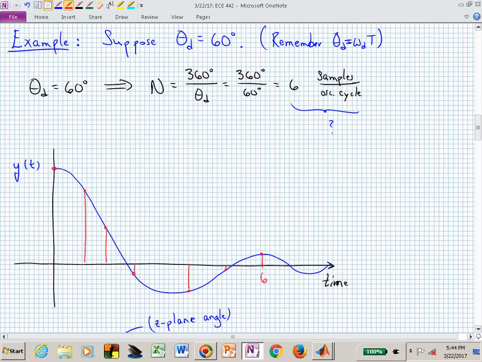That's different from our rule of thumb. Our rule of thumb was what? We were saying 30 samples per our natural frequency. And so if we had a natural frequency, then we would be looking at 30 samples instead of this 6 samples that we have right now.